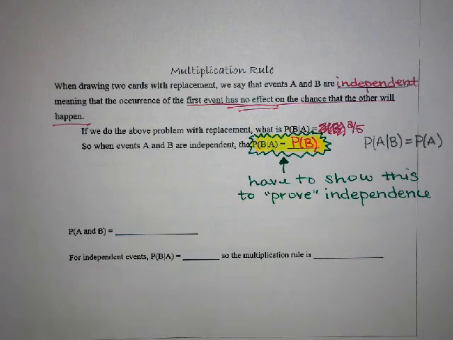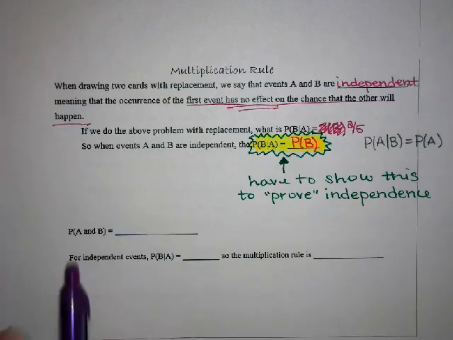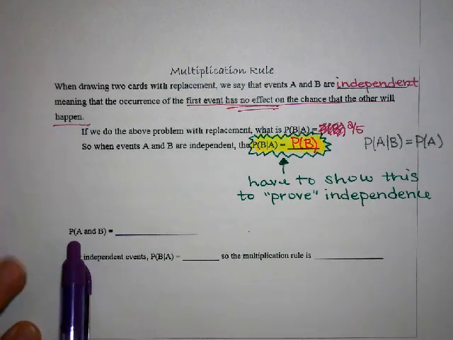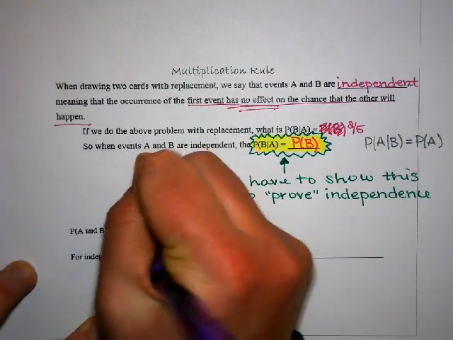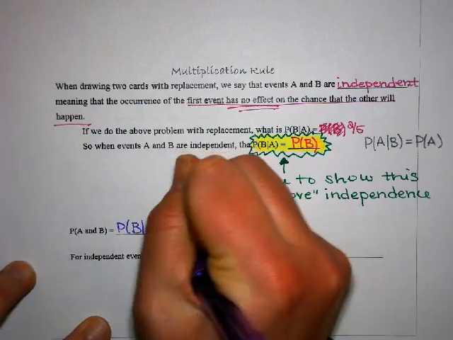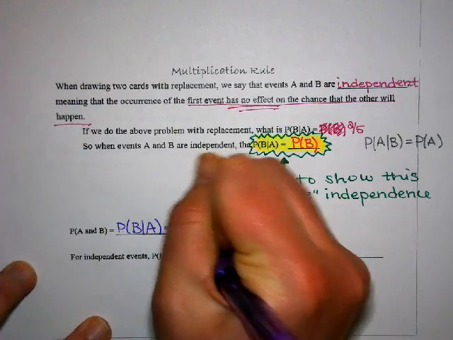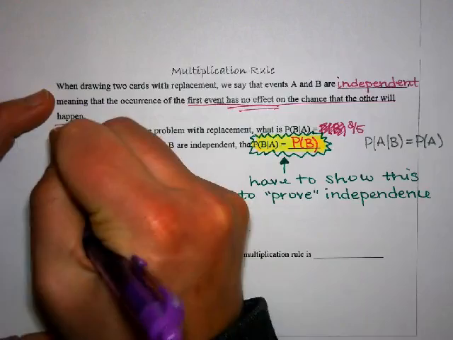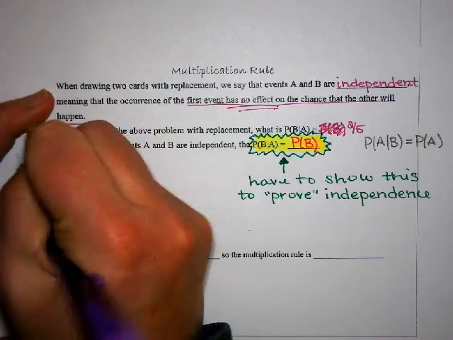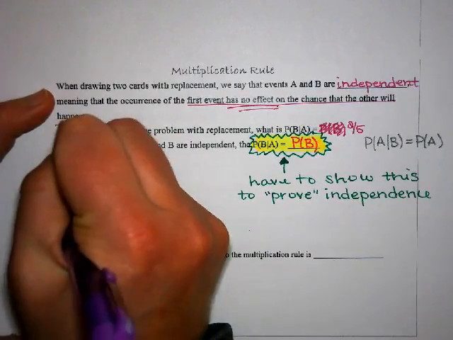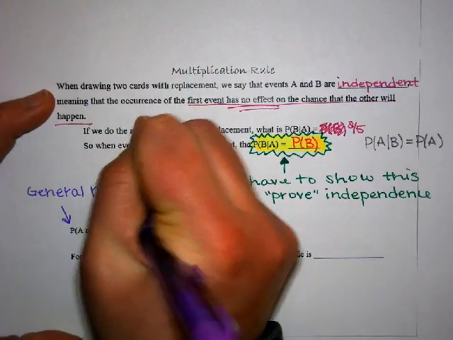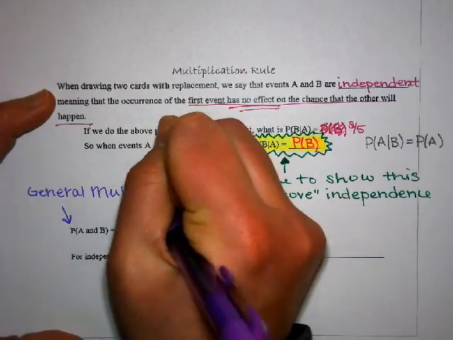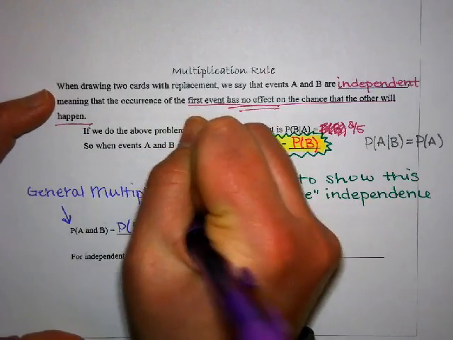On Friday, we learned our general multiplication rule that would help us find the probability of A and B. And that was the probability of B given A times the probability of A. And today we're going to get a little more specific and have our multiplication rule for independent events.